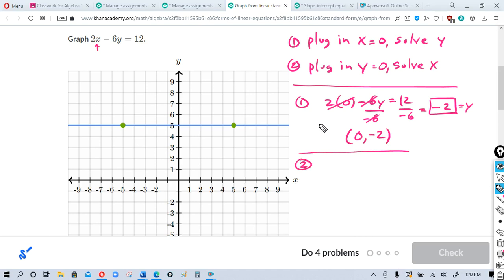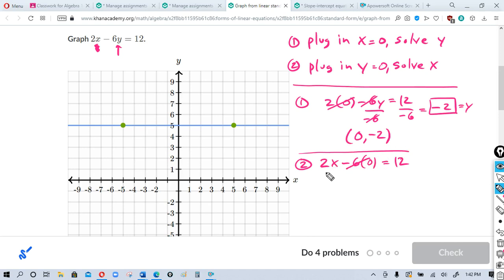Now for step 2, plug in y equals 0 and solve for x. All right, so we're going to plug in 0 right there in place of y. Okay, so we have 2x minus 6 times 0 equals 12. Okay, so negative 6 times 0 is just 0. So that's gone. 2x equals 12.